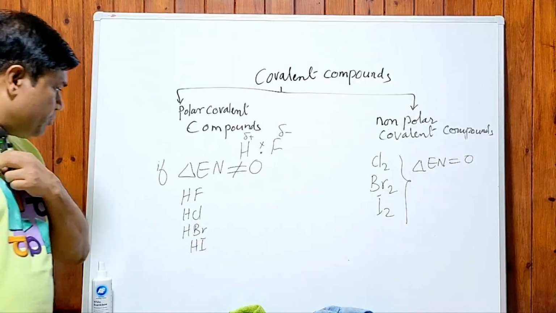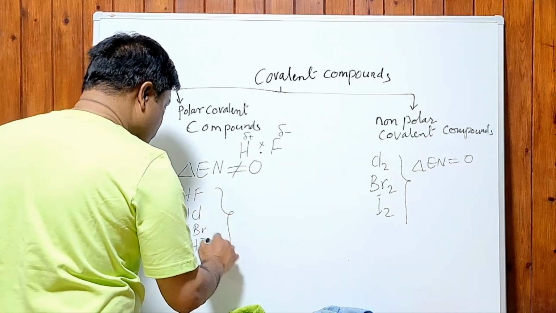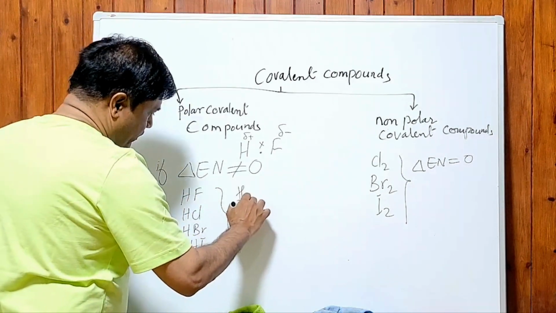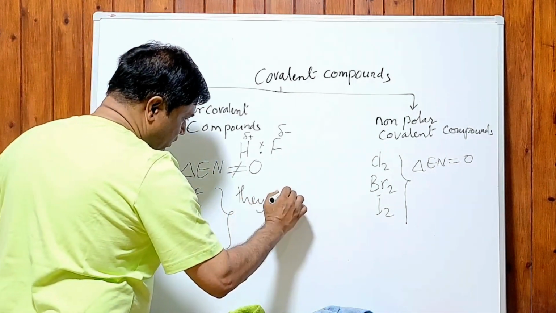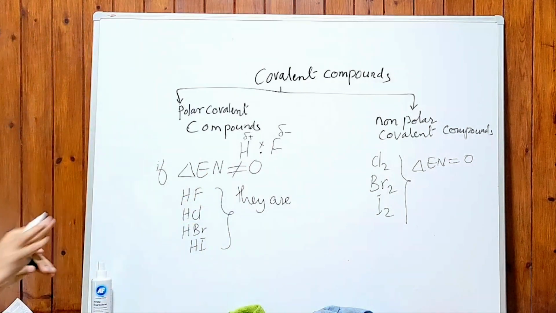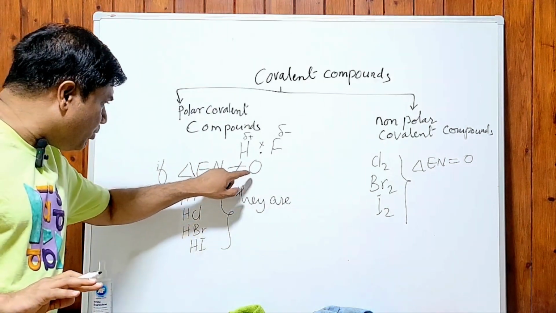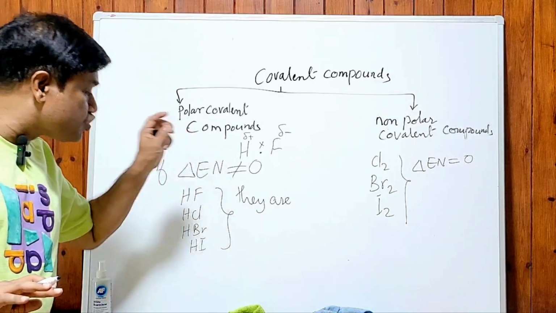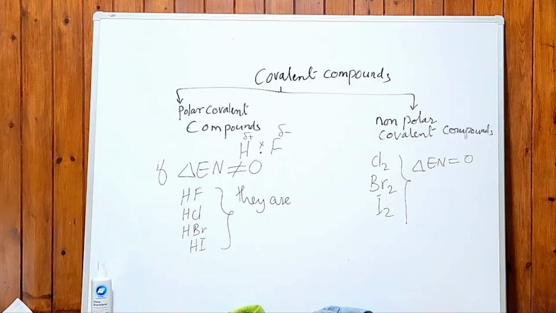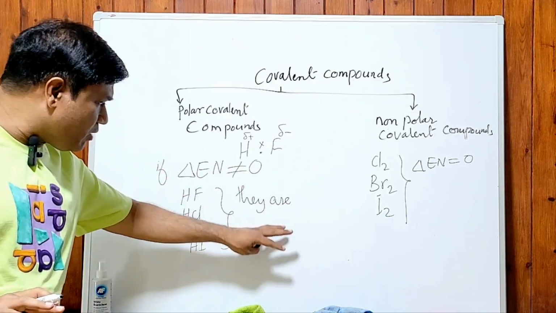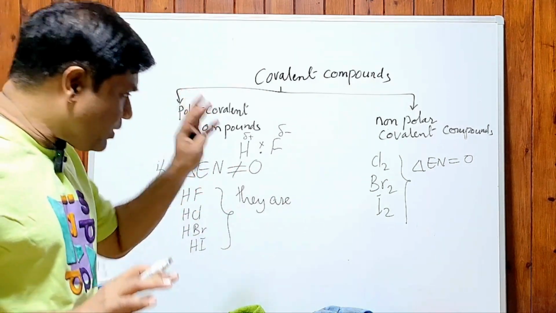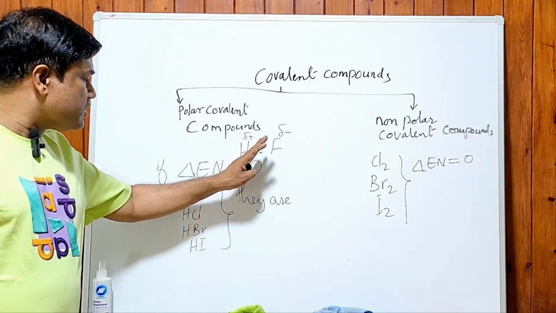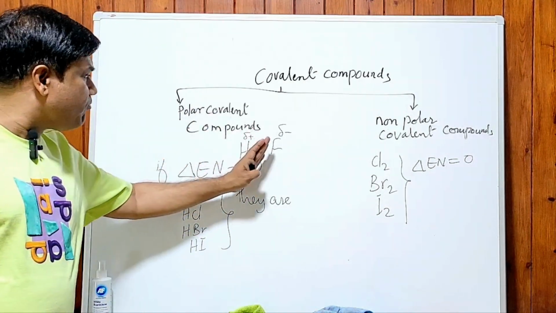Polar covalent compounds dissolve in water. They are soluble, not 100% soluble, but they are soluble. When you compare polar covalent compounds and ionic compounds, which one is more soluble in water? Ionic compounds, because in the case of an ionic compound, we get separate ions like Na+ and Cl-. Here we are not getting separate H+ and separate F-.